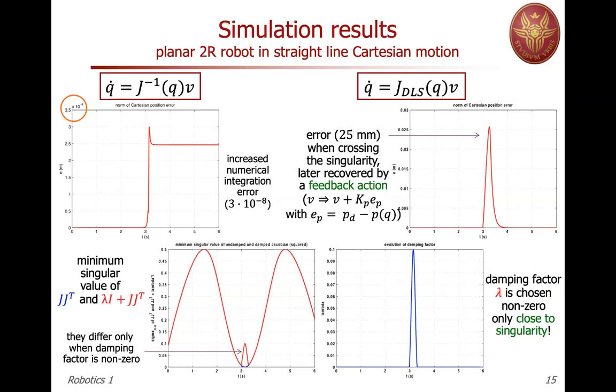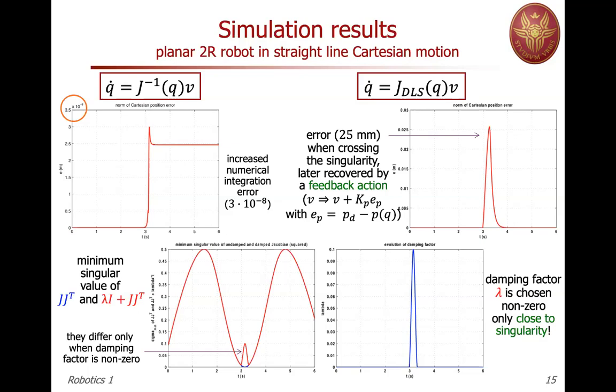Now look what happens. We have a 25 millimeter error peak, while there is zero error until the lambda parameter is kept to zero, so that we are doing the damped least square method but still equivalent to the J to the minus 1 method. Now we have some error.